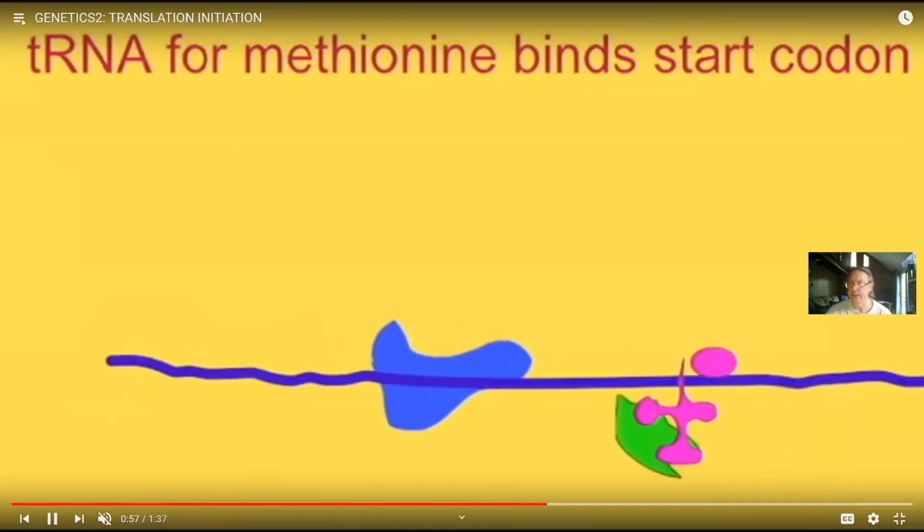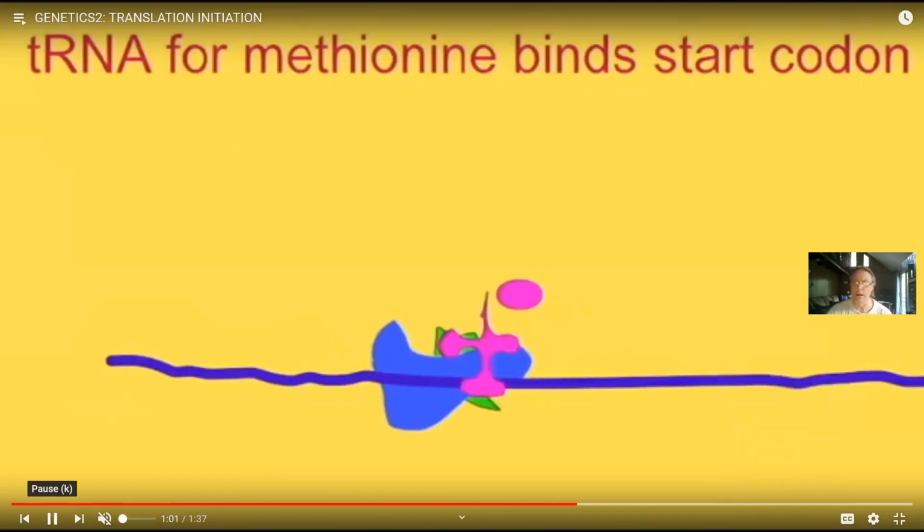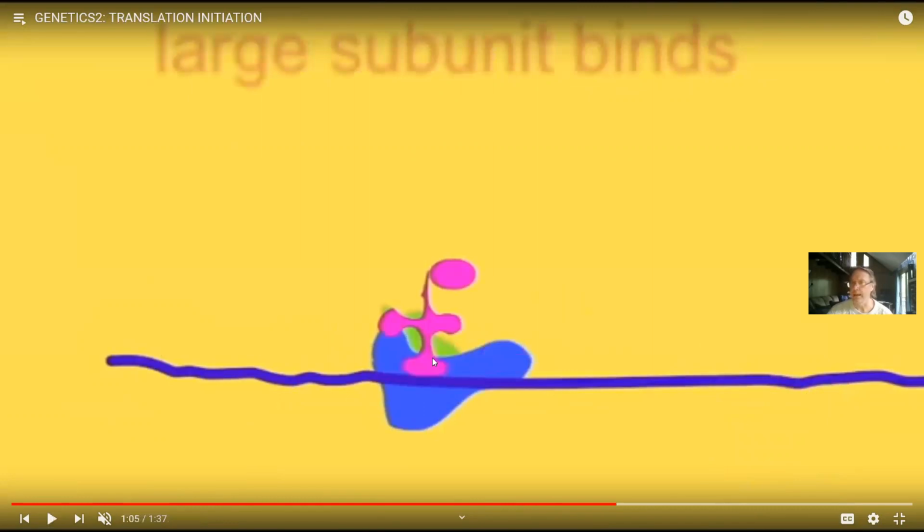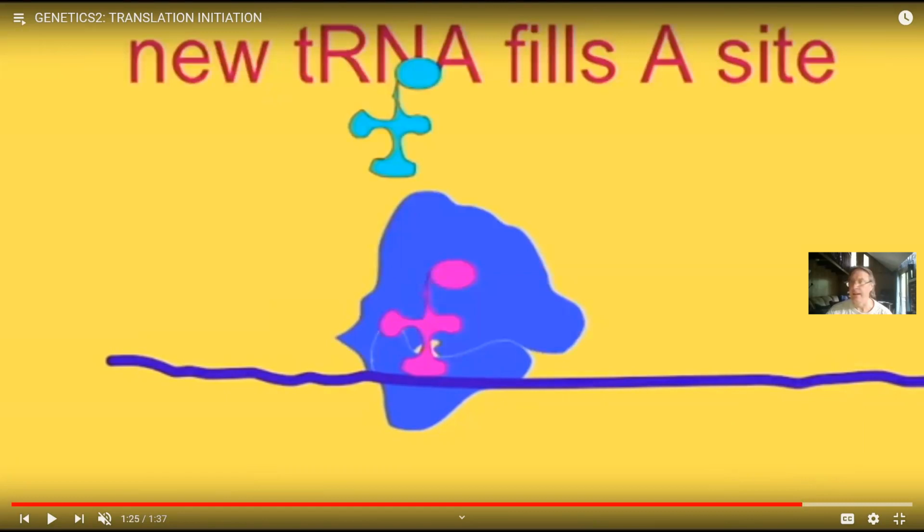That AUG codon will then be recognized as the start codon of translation. This first tRNA has an anticodon UAC, which matches that codon. Once we have the tRNA and the small subunit of the ribosome here at the start codon, the large subunit of the ribosome can bind, and a new tRNA can bind to the A site.